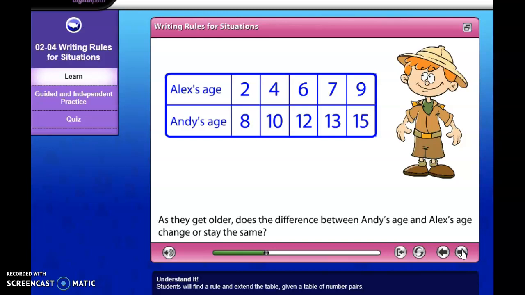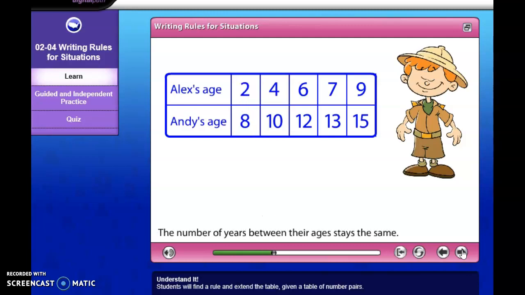If it's the same number more, you might have found your rule. The number of years between their ages stays the same. Find the rule for the table.